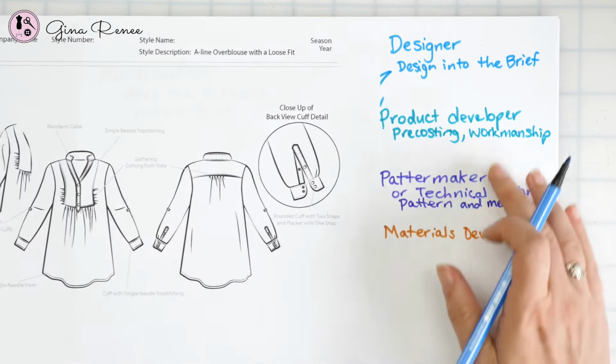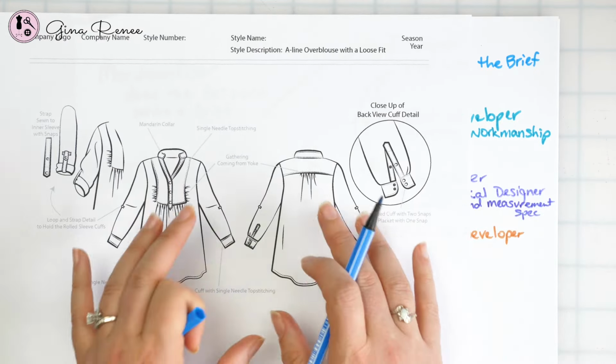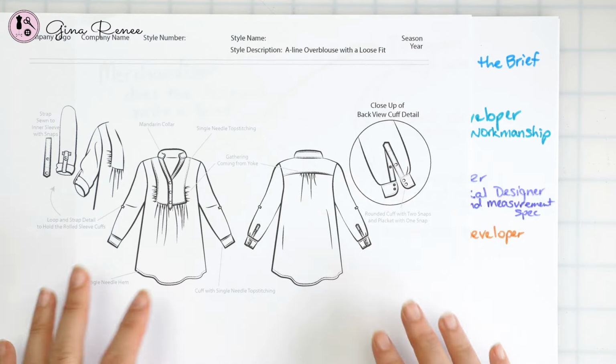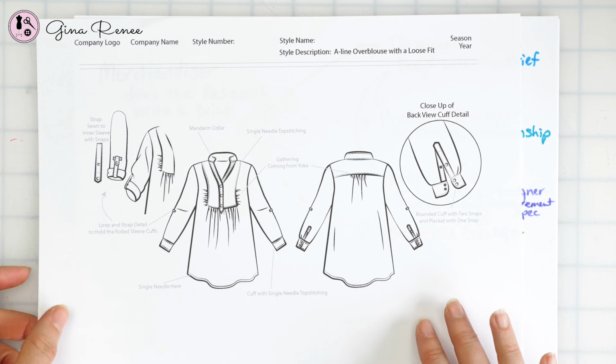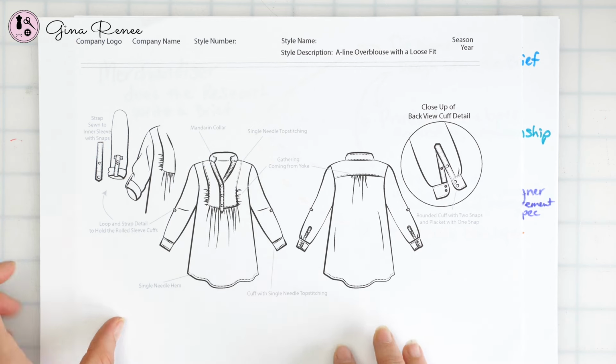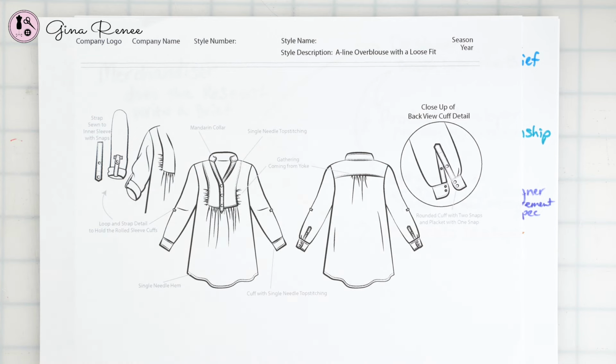It's also up to that developer and pattern maker or technical designer to make sure that everything in the garment is feasible. Often when we get garment sketches from designers, there might be some things that might need some adjustments, or things that might not be the same between the front and the back sketch and might need some adjustments as far as design line positions.